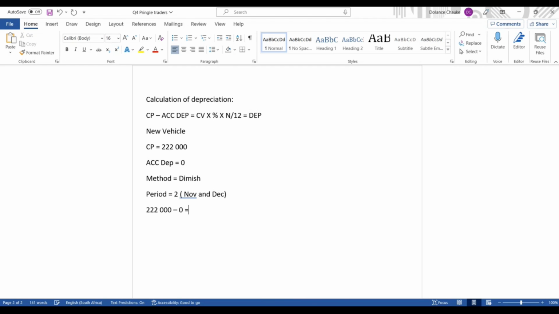Then the carrying value is going to equal the cost price, because it's still new. And then we multiply by the percentage given to calculate depreciation. It's 15 over 100, multiplied by n, the number of months, 2 divided by 12.